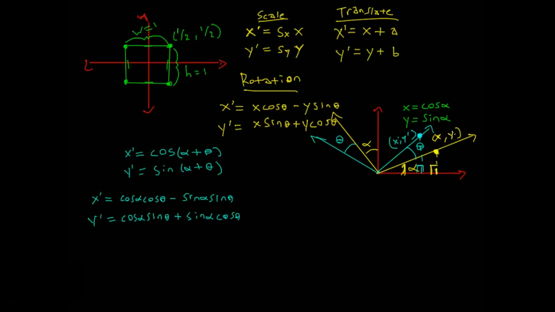So x prime is equal to cos alpha cos theta, so we can replace the cos alpha there by x, and also we have the minus sin alpha sin theta, so sin alpha can be replaced by y. In the y prime also we can replace cos alpha with x, and we can replace sin alpha with y.